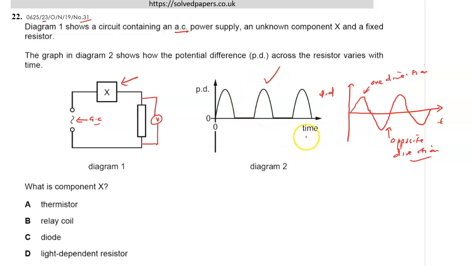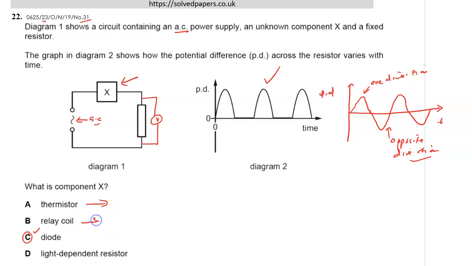The only component that can block current flowing in one direction is a component that has a very high resistance in one direction, but a very low resistance in the opposite direction. And therefore that component can only be a diode. A thermistor is basically a temperature dependent resistor, and does not depend on which direction current is flowing.